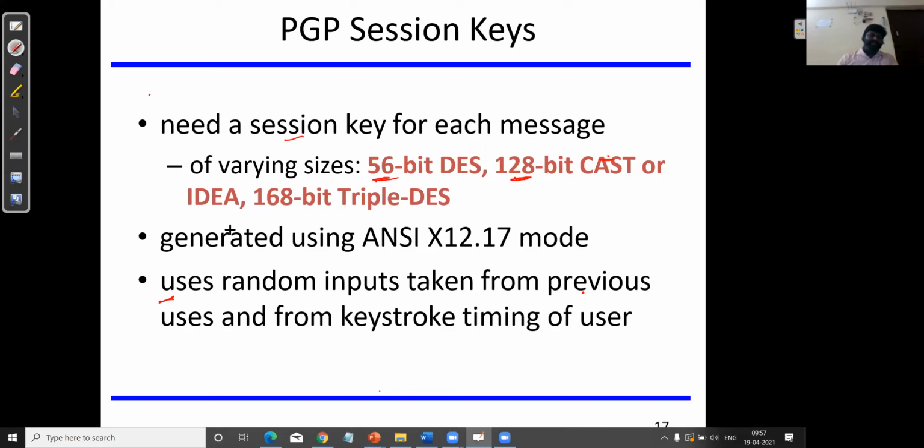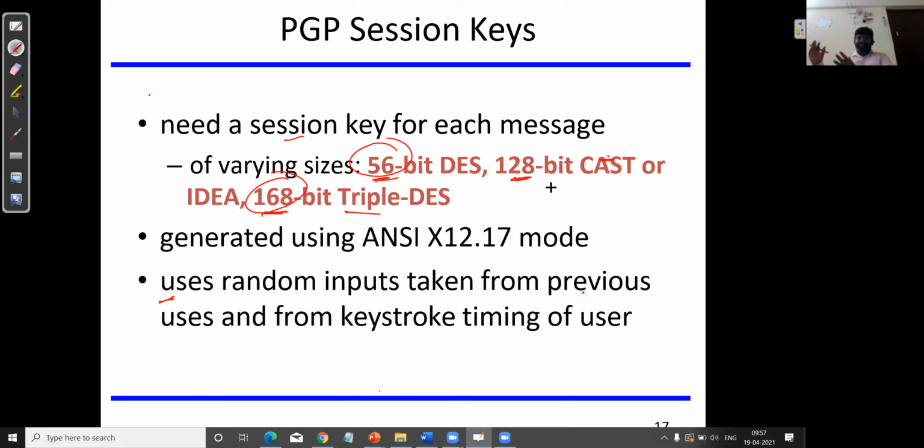Suppose you want to use 168 bits, so this is triple DES. How do we get 168? Because the 56-bit key has to be repeated three times, and you can use different keys. I hope you can recall how the triple DES encryption algorithm works, where the encryption has to be repeated three times.